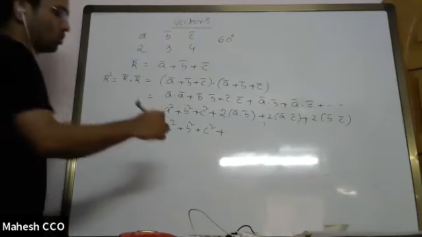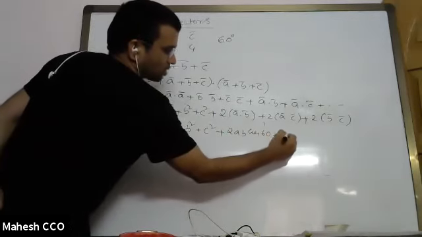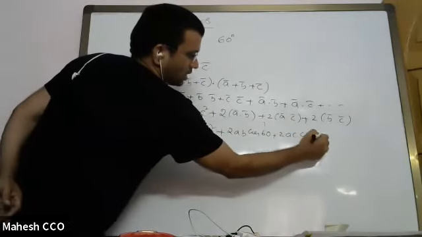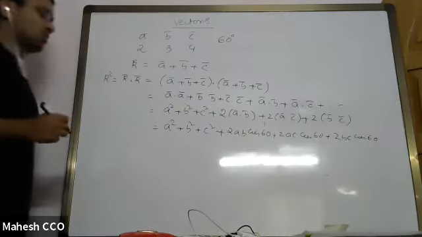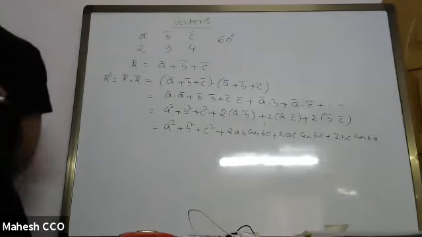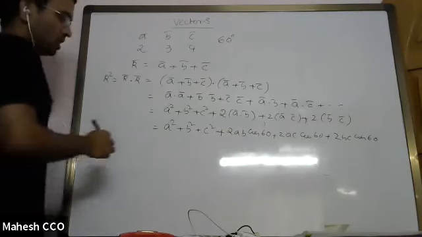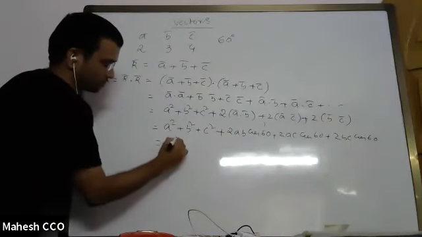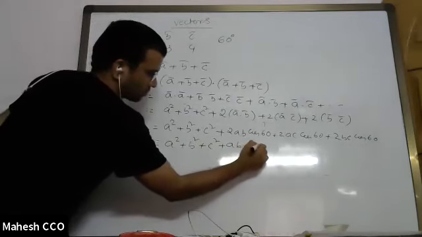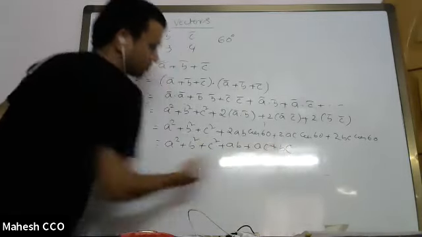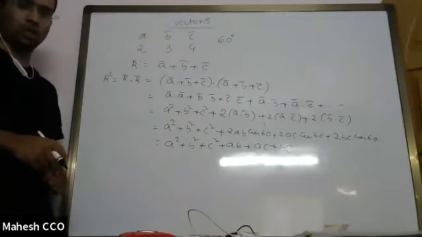So 2 into AB into cos 60 plus 2 into AC into cos 60 plus 2 BC into cos 60. So ultimately, 2 into cos 60 is 1 because cos 60 is half, and therefore this will become A square plus B square plus C square plus AB plus BC plus AC.